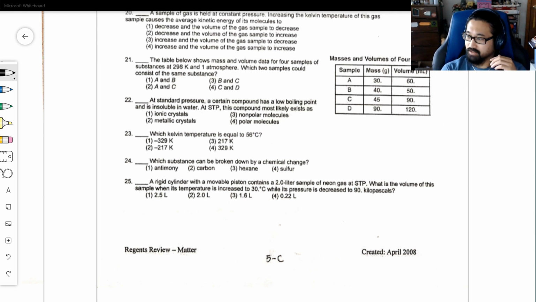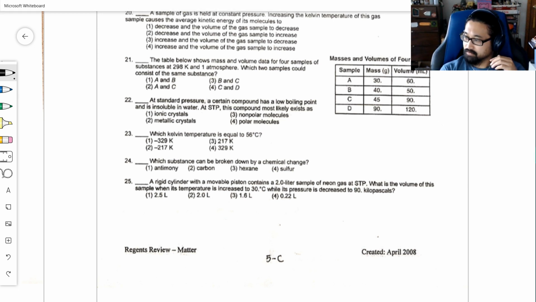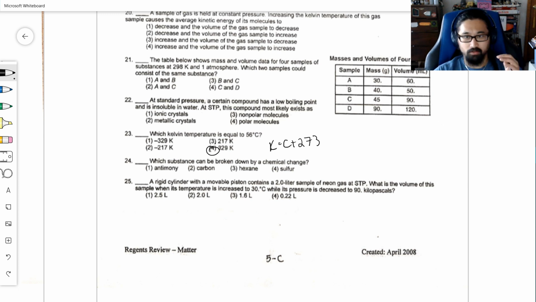Kelvin is Celsius plus 273. So we're going to do math appropriately and get 56 plus 273 is 329. I'm so sorry. My brain stopped working. It was amazing. Terrifying. It was terrifying.